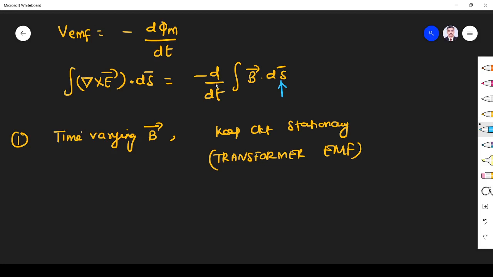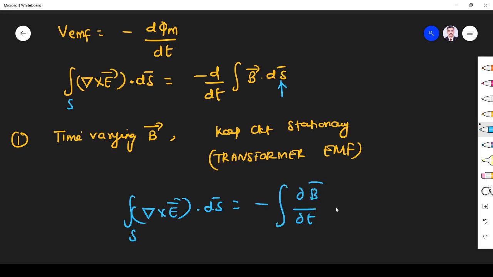So I can bring this differentiation inside and make it a partial differentiation because only B is going to vary. So the equation becomes the surface integral over S of del cross E dot ds is equal to minus dou B by dou t dot ds. This is also a surface integral.